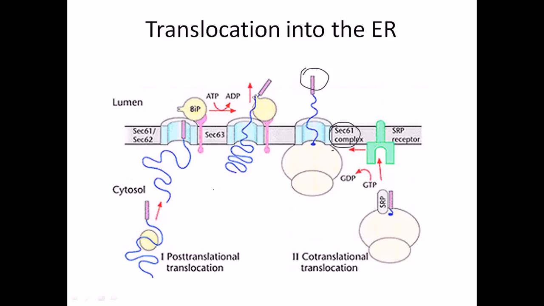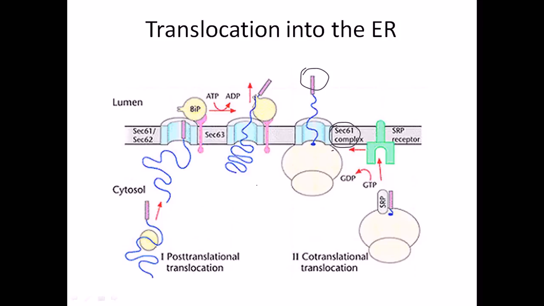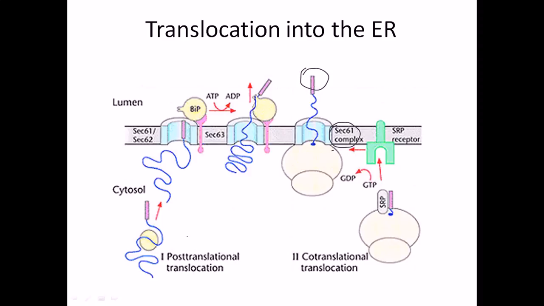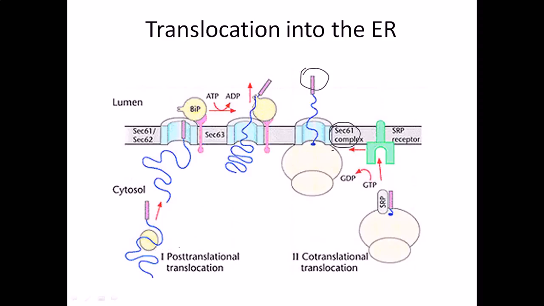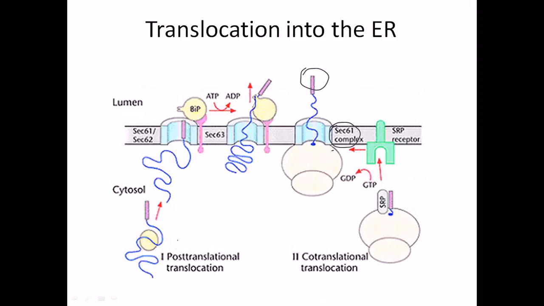The other way of transferring is post-translational translocation. In post-translational translocation, once the protein is completely synthesized inside the cytosol, which is outside the ER obviously, it is taken by a helper protein called BiP to the transfer complex, Sec61, Sec62, which is here, right?